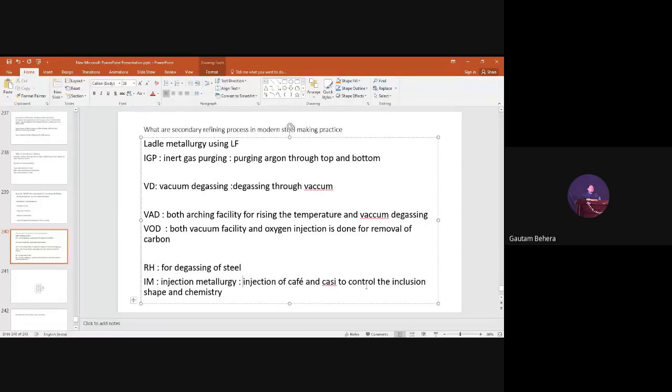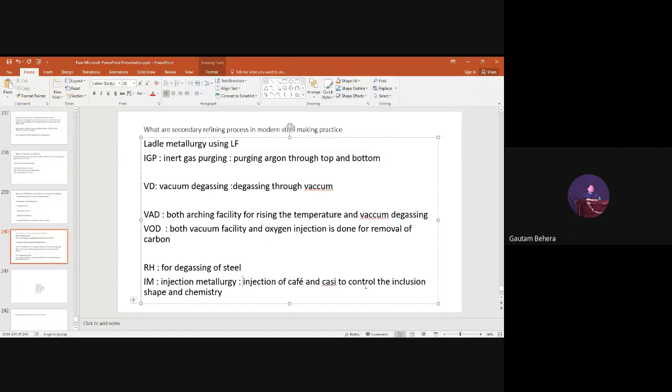Basically, this calcium will go into the steel and it will form a coating around the inclusions, for example around Al2O3, right? Because you understand, Al2O3 is an inclusion, it is an oxide, right? It has a very high melting point, above 2100 or 2200 degrees centigrade. Steel making temperature is 1600 to 1700 maximum. So that means this Al2O3 will remain as solid particles.